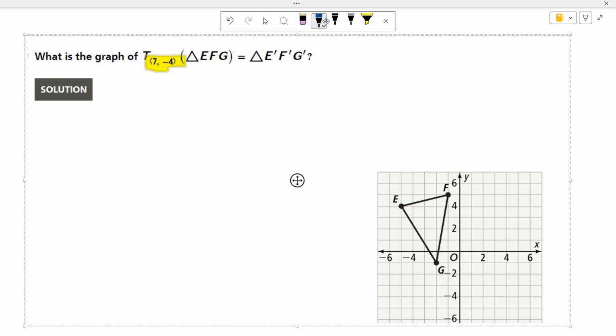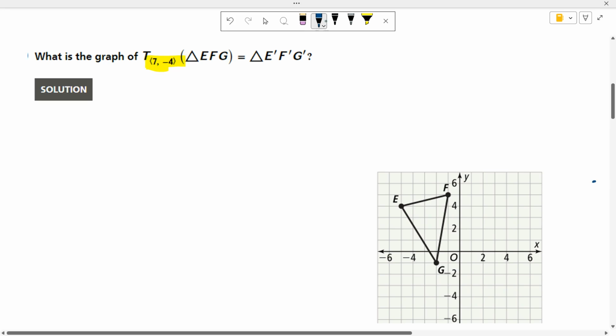So if we take F and we move F 1, 2, 3, 4, 5, 6, 7 to the right and 1, 2, 3, 4 down. There's F prime. E 1, 2, 3, 4, 5, 6, 7, 1, 2, 3, 4. E prime.